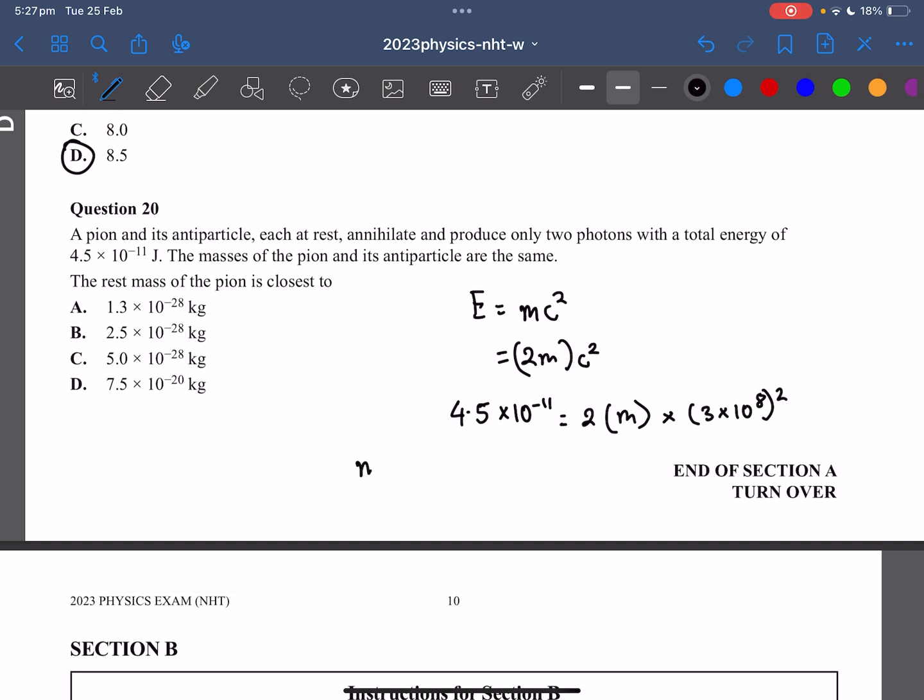So our m is going to be 4.5 times 10 to the negative 11 over 2 times (3 times 10 to the 8) squared. So I get 2.5 times 10 to the minus 28 kilograms. Option B.